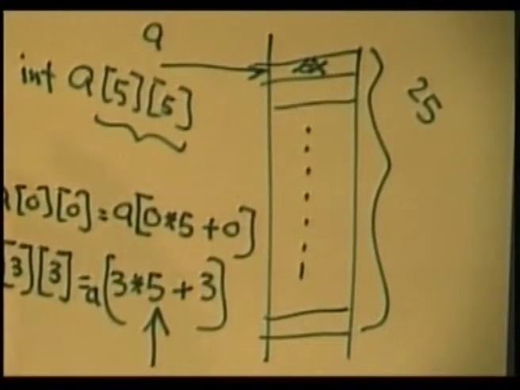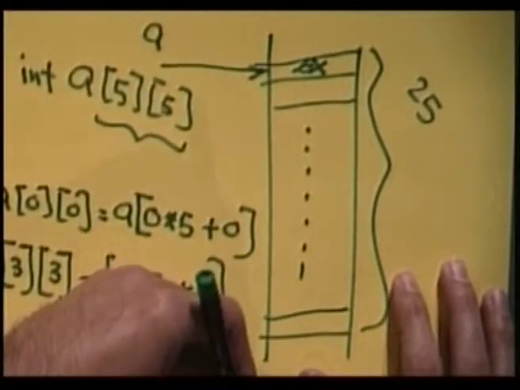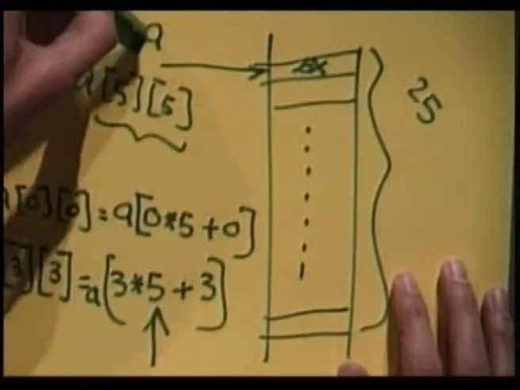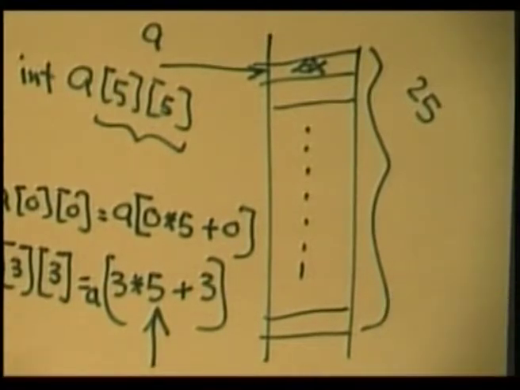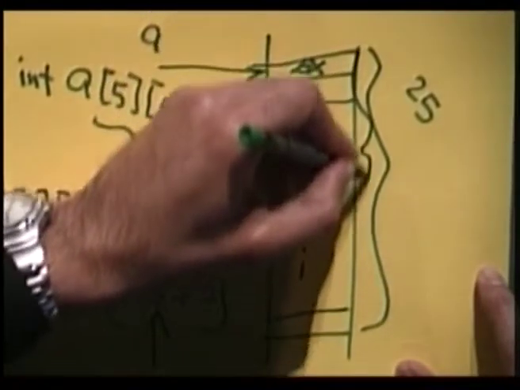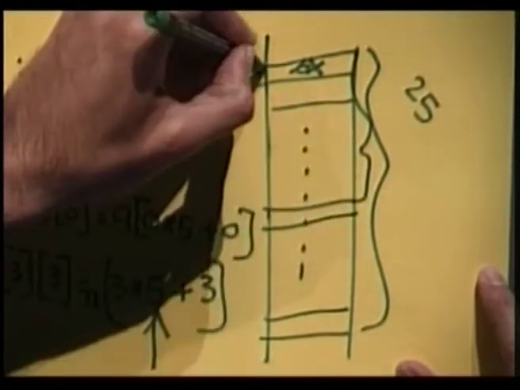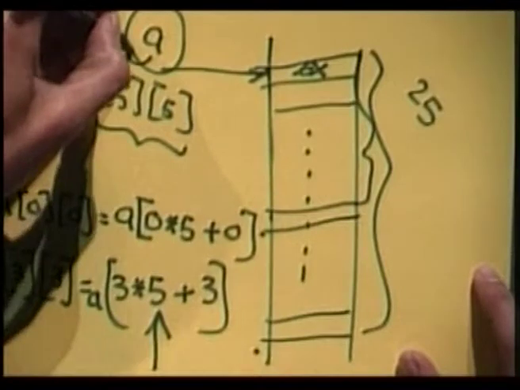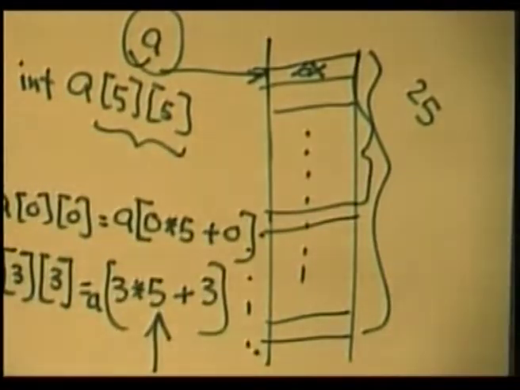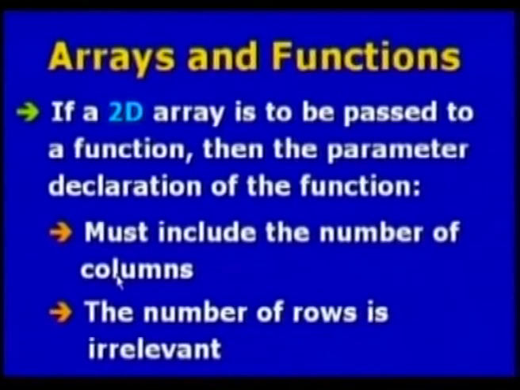All I need to know is how far deep in memory my array is. So all I care about is one row: how many entries are there in one row? Because the next one is the same copy of this one, and if I have this pointer, I can go wherever I like. So what's important is the number of columns. However, the number of rows is irrelevant because I'm passing a pointer, as a matter of fact, rather than a value.